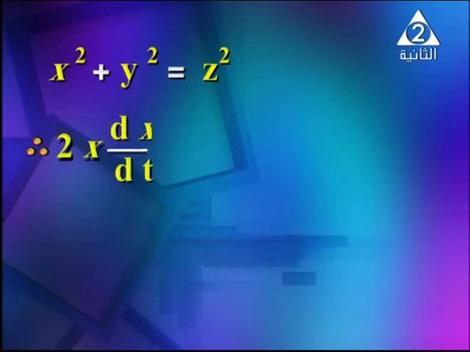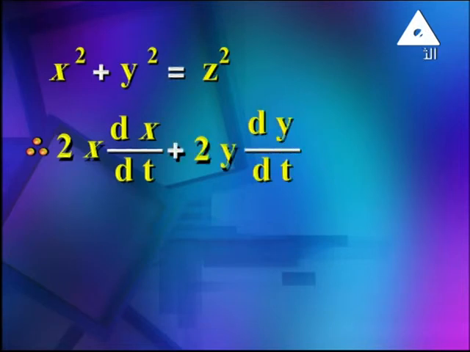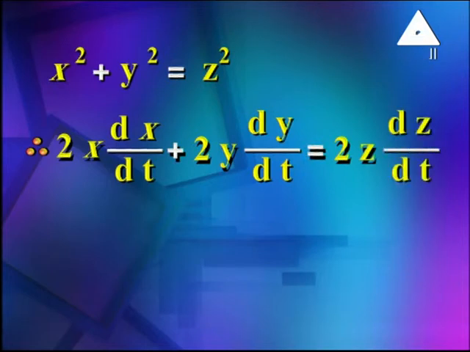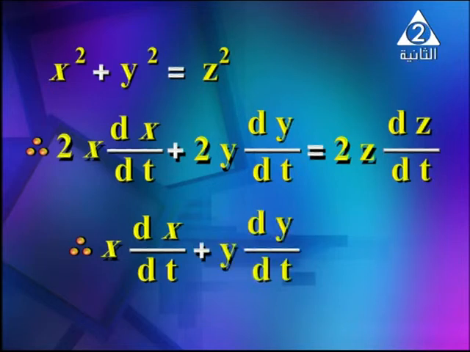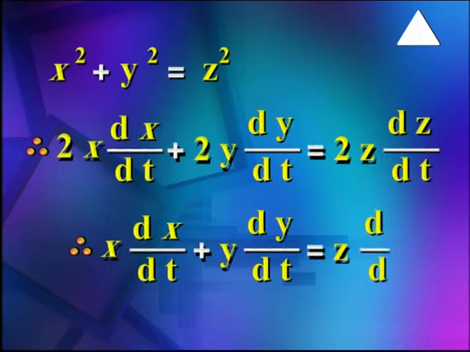Differentiating with respect to time t, 2x dx over dt plus 2y dy over dt equals 2z dz over dt. Dividing each term by 2, x dx over dt plus y dy over dt equals z dz over dt.